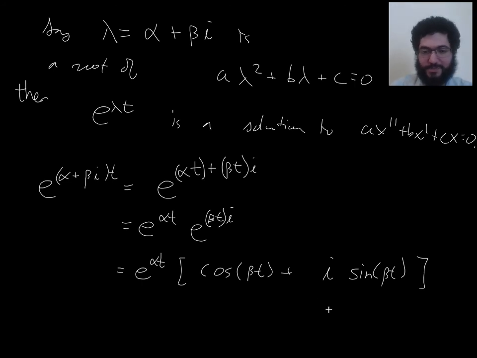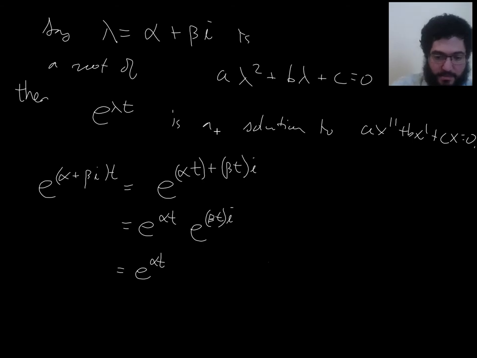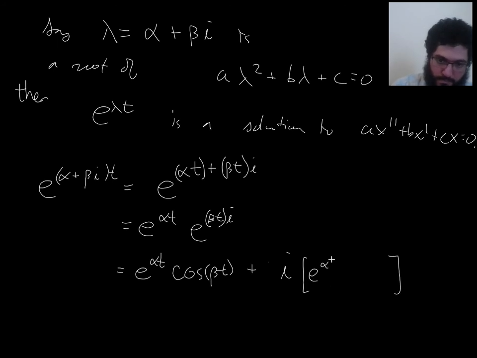And now you can see what the real and imaginary parts are, right? Probably better to distribute this. Like that. And so here is our real part and our imaginary part.